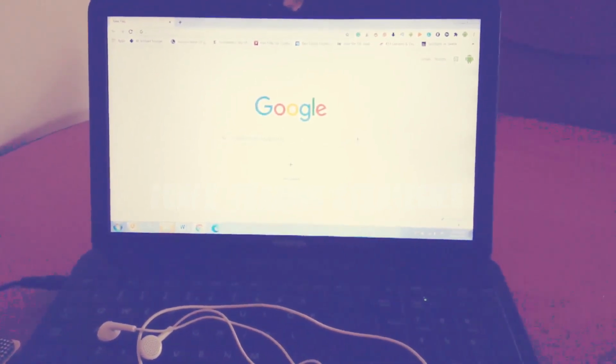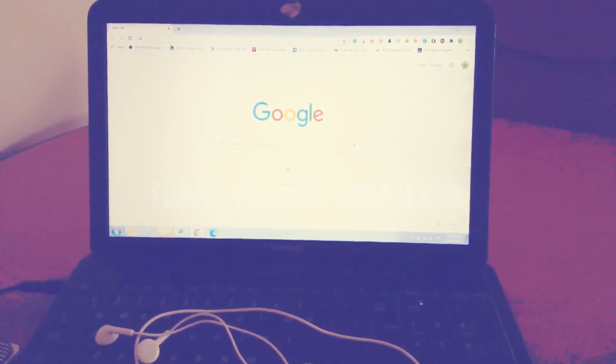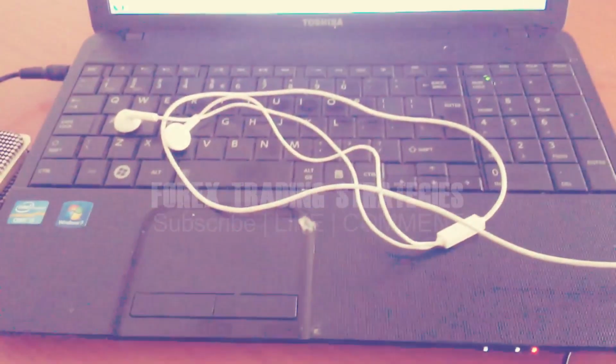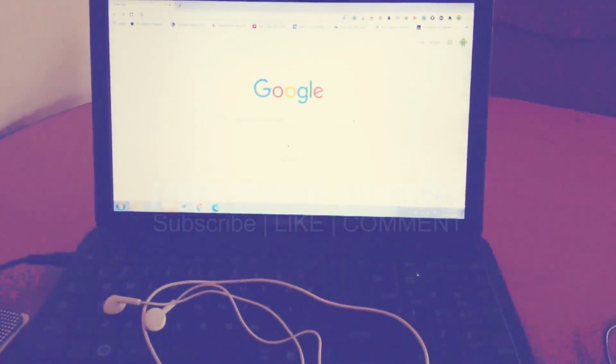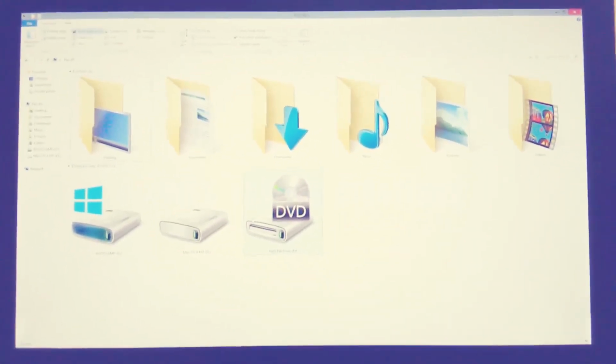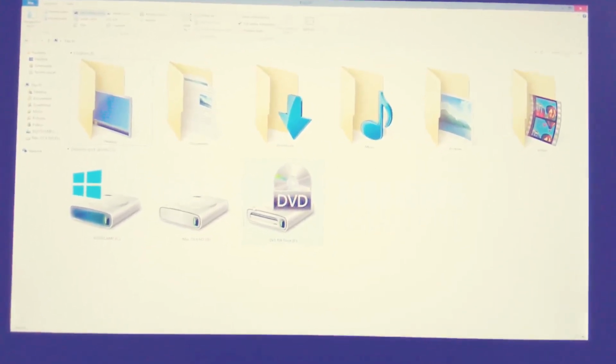It was so old, a Pentium 4 machine. And when I bought a Core i3 machine, I thought I'd made it. And eventually I bought this machine because I wanted a bigger screen to see what's happening in the market.